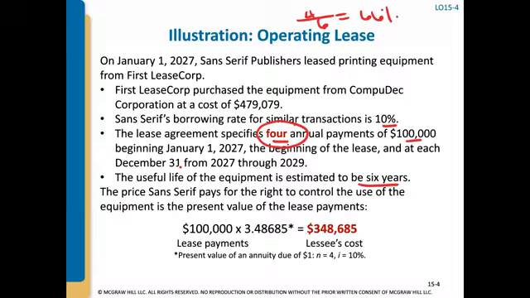But to meet the criteria of a finance lease, the lease term has to be at least 75% or greater of the equipment useful life. So we don't meet that criteria here, and therefore we have an operating lease.